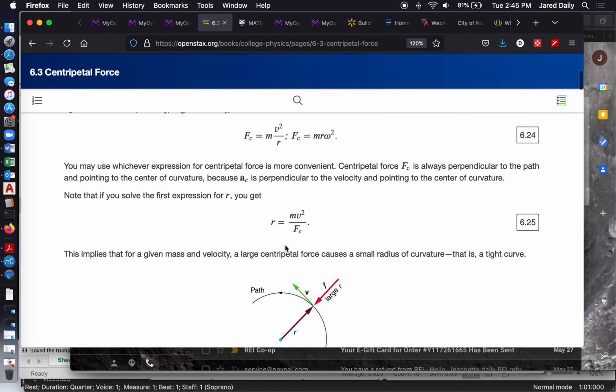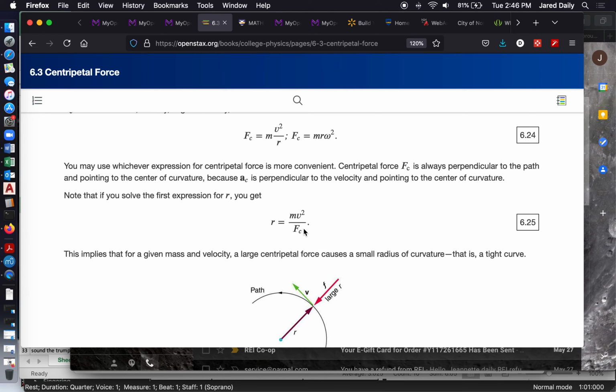In this particular case, if the mass and the speed of the mass remain constant and the centripetal force is constant, then of course the radius will not change. If the mass and the velocity squared stay constant and the centripetal force does not stay constant, then the radius will change. As the force goes up, the radius will go down, and as the force goes down, the radius will go up.